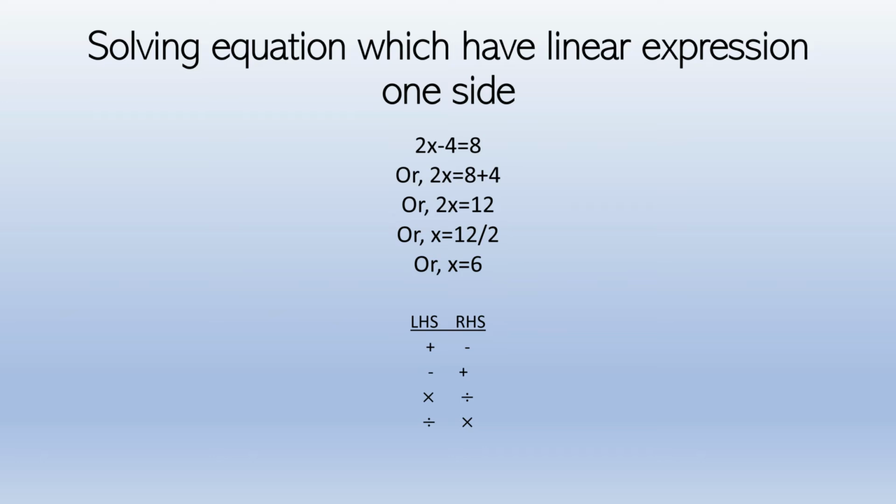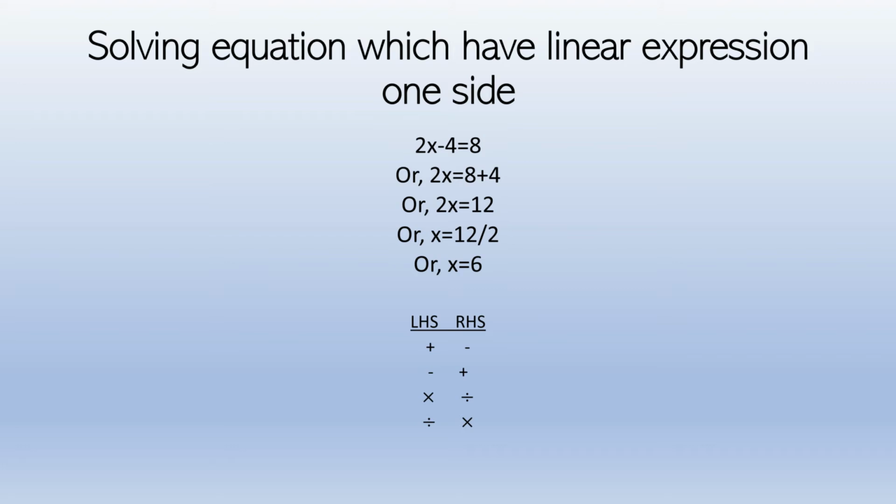In the example, we can see 2x minus 4 equal to 8. Here minus 4 is our constant term, 2 is our coefficient, and on the right hand side plus 8 is also a constant term. So first we will change minus 4 from the left hand side to the right hand side.